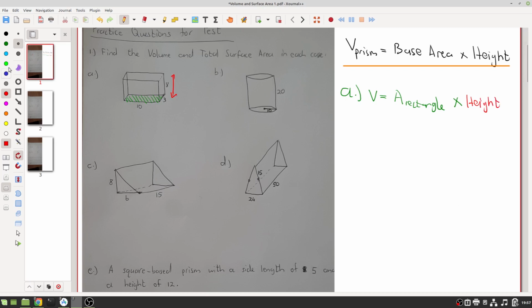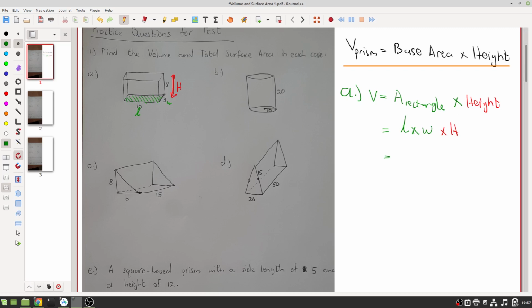Alright, let's continue. So the area of a rectangle is what? Area of a rectangle is length times by width. Okay, I'm just going to say W. Length times breadth, length times width, however you want to call that. And then times by the height of our prism, which I'll just call H. Okay, so that's going to be our H. And that's going to be, let's say, our length, and this part will be the width of our rectangle.